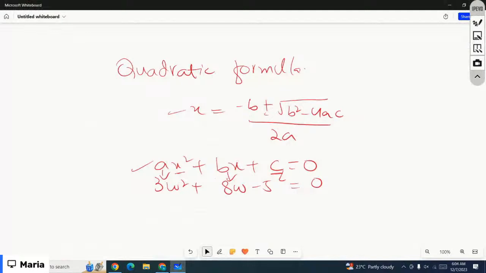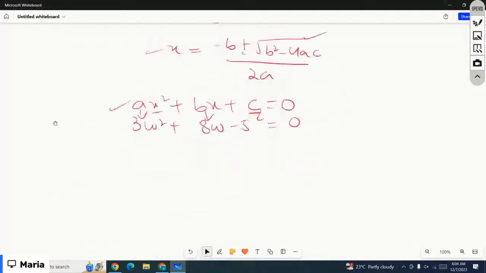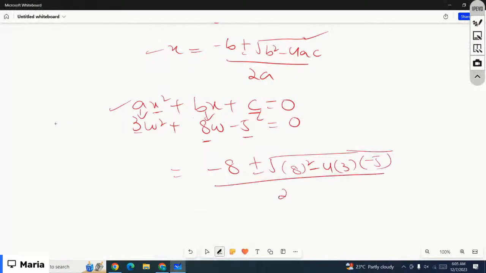I'm going to put these values into the formula. That is negative b, which is negative 8, plus or minus the square root of 8 square minus 4 times a, which is 3, times c, which is negative 5, divided by 2a.